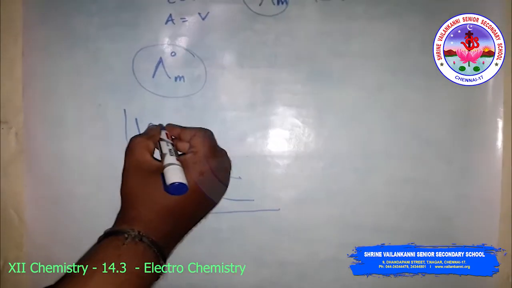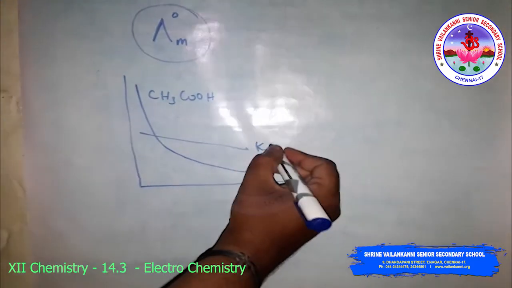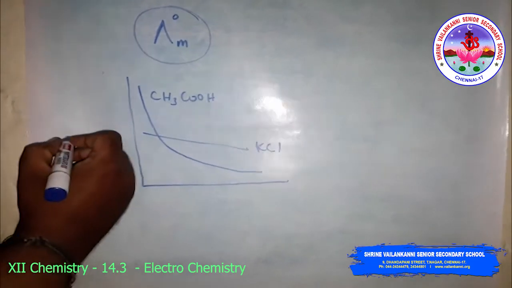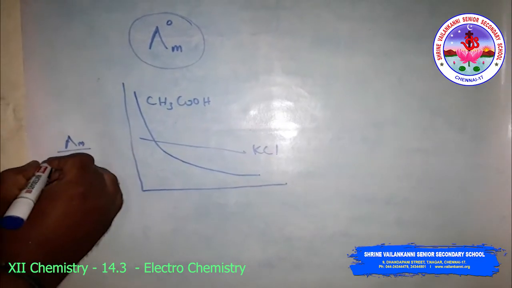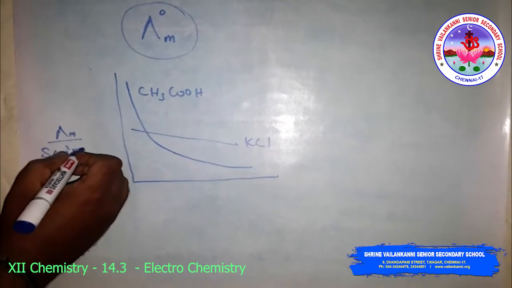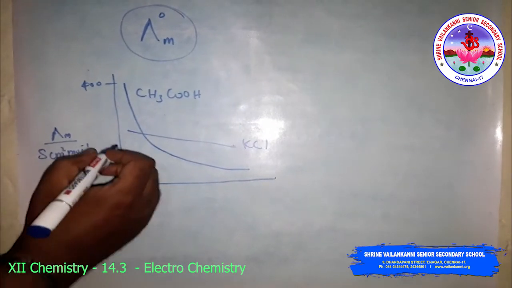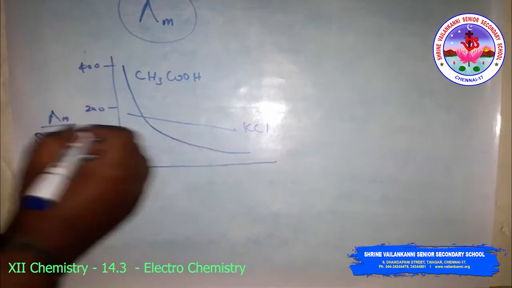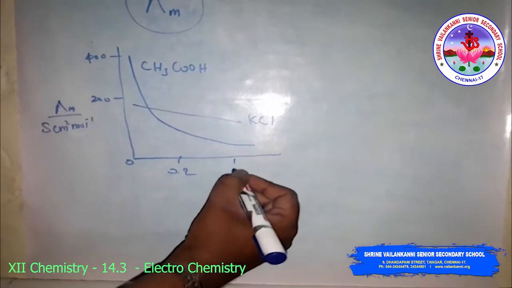This is acetic acid, a weak electrolyte, and KCl is a strong electrolyte. The unit of molar conductivity is Siemens centimeter square mole inverse, with the range 400, 200, 0, and for the concentration axis 0.2 and 0.4.